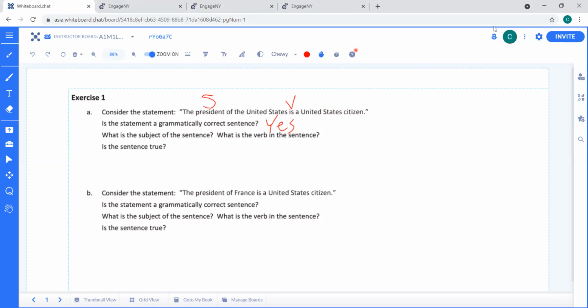Is the sentence true? Yes, it is. We know that this is grammatically correct because it has a subject and a verb. It is a complete thought.